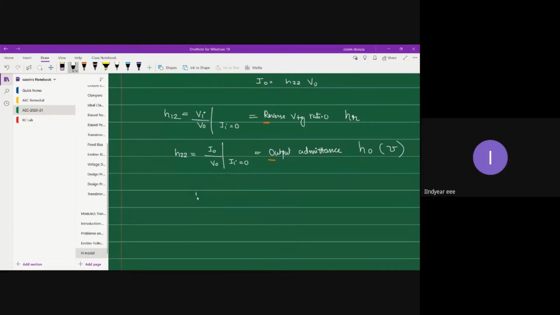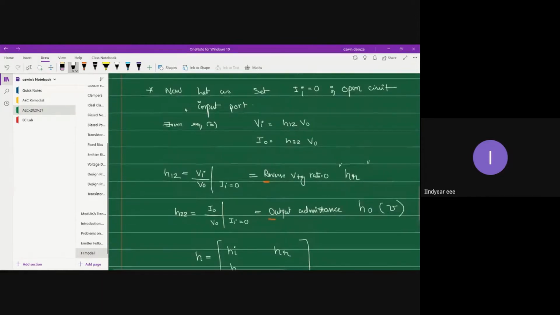So what I will do, I will complete the network here. I had H11 here. So H11 is HI, H12 is HR, and then H21, what is H21?